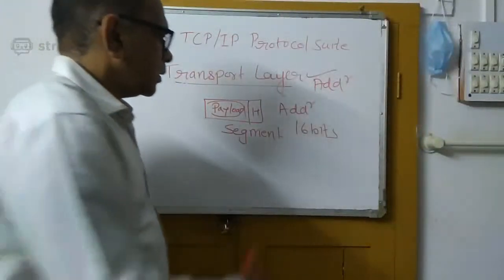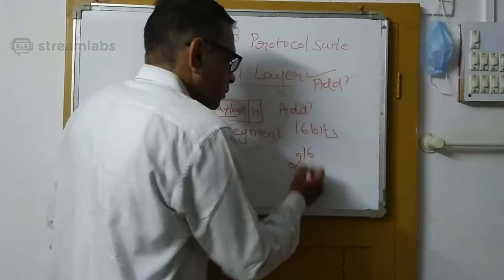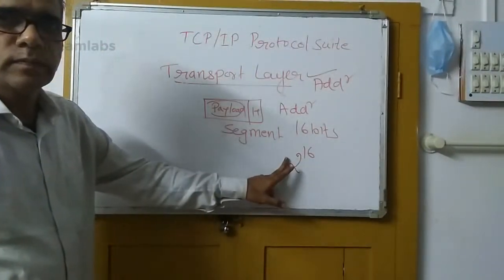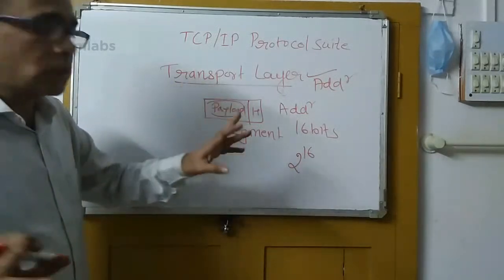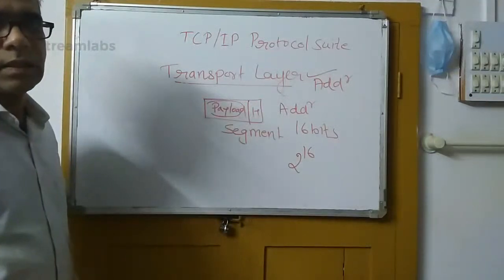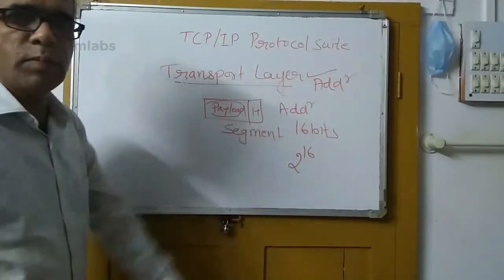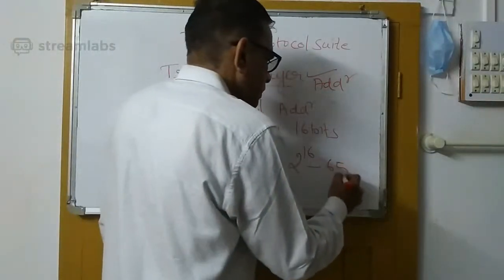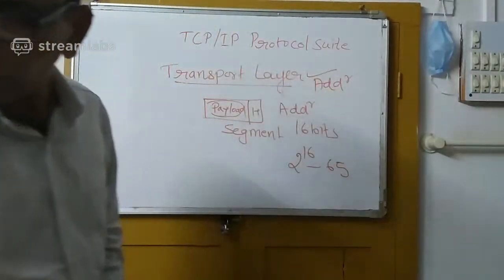That means 2 raised to 16 different processes it can address using this 16-bit length. That is about 65,000 processes it is capable of addressing.